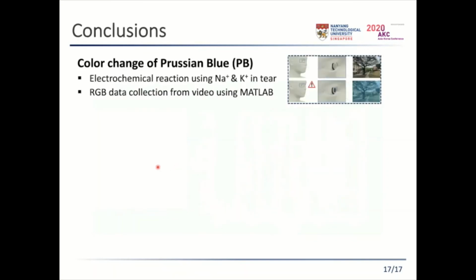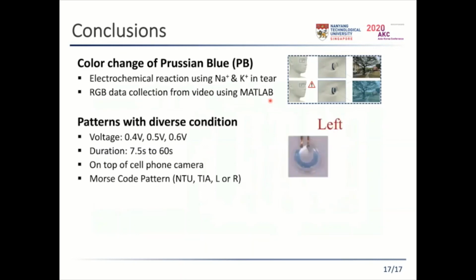In conclusion, a clear color change of Prussian blue was demonstrated in the same concentration of sodium and potassium ion of TR, and RGB value in a pre-selected area was obtained using MATLAB by video processing. And also diverse patterns of color change were demonstrated under diverse conditions such as diverse voltage and duration.